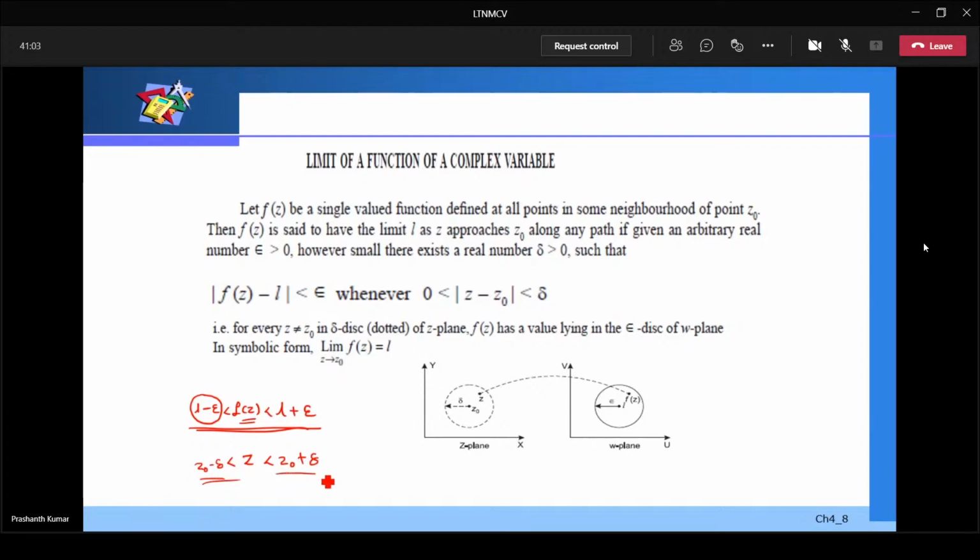This is not a simple interval. This interval is an open disk.